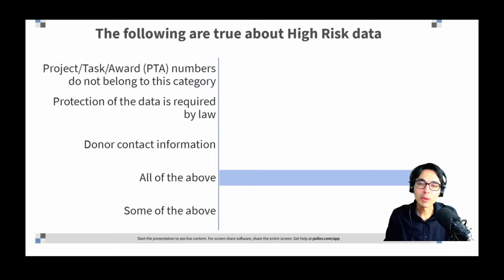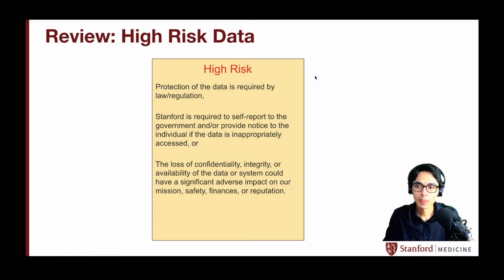So it's very important that we remember this. The protection of this data is required by law and regulation, and the loss of confidentiality of this data may harm Stanford financially or its reputation.